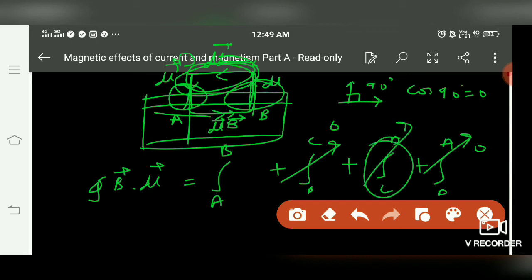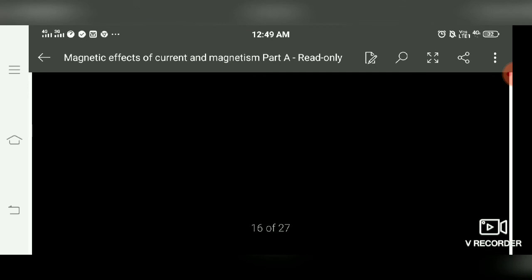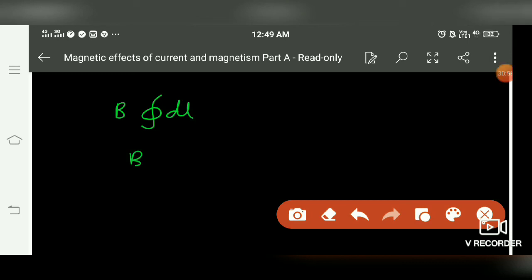This is also contributing 0. So we are left with only 1, which gives B, and the integral of dl will be a length L. And here there are n turns, so multiply it by n, total n turns, and according to Ampere's circuital law this equals mu naught I.